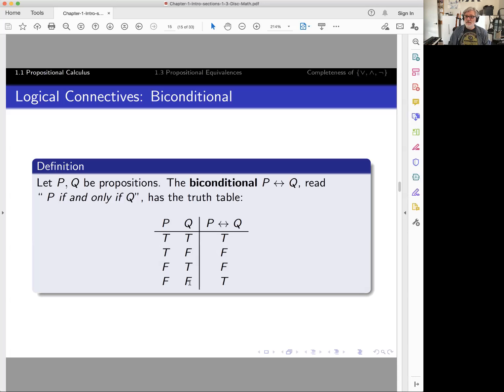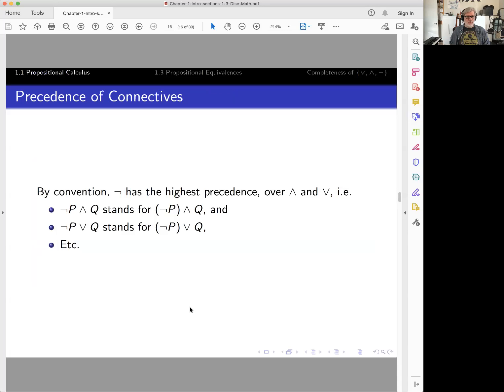In other words, if they are equal. So P if and only if Q lights up true if P and Q are equal. That's one way of seeing it. Okay, so that's a useful connective. We'll see these last two a bit more when we talk about math proofs.